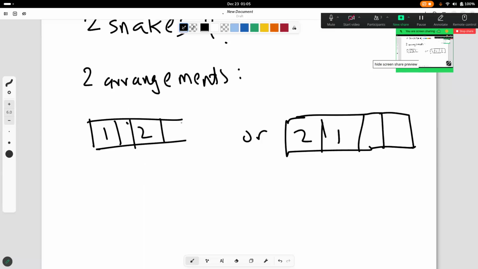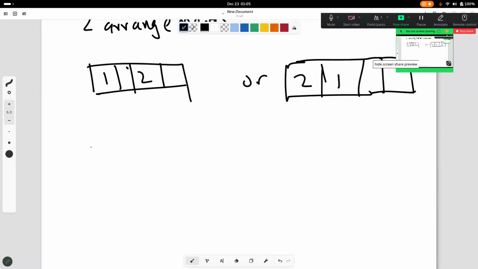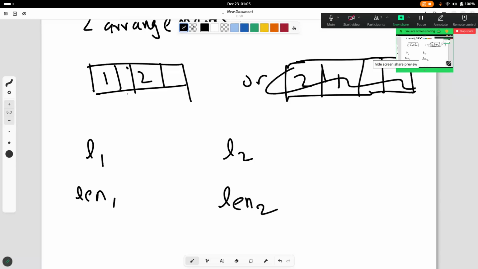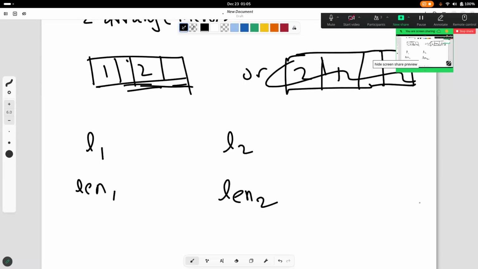And let's just say that snake 1 starts from L and has a length of len, and snake 2 starts from L2 and has length of len2. For now, just forget this arrangement. We are only considering this arrangement. What would be the score with this arrangement?